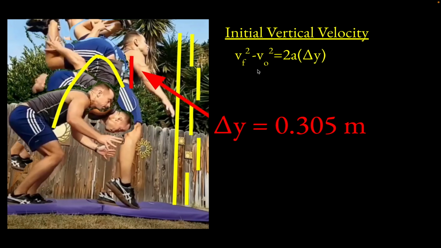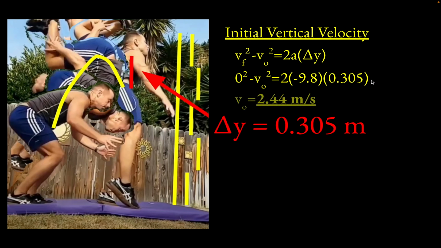We can plug in a final velocity at the peak of 0 meters per second and solve for the initial velocity, which would be the velocity at which I left the ground. If we plug in the acceleration due to gravity, negative 9.8 meters per second squared if I choose positive up, and 0.305 meters for my change in position, what we learn is that I allegedly left the ground at 2.44 meters per second.